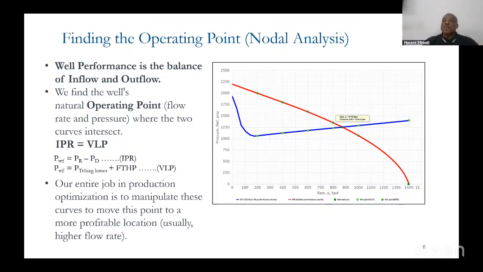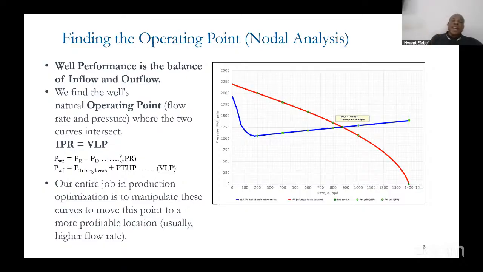The optimum is where you need to balance what you are producing with the unwanted elements that you are producing, like sand, water, and gas, right? So this is the operating point for this set of parameters, but note that it may not be the optimum point.